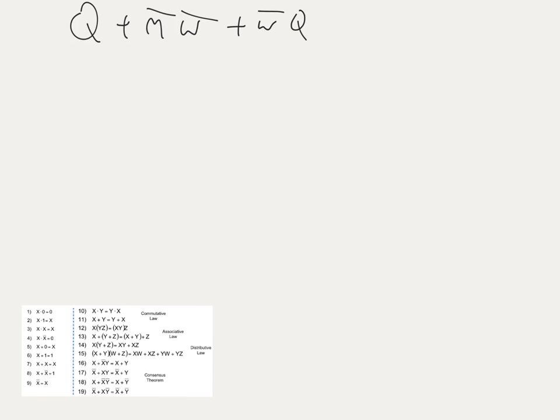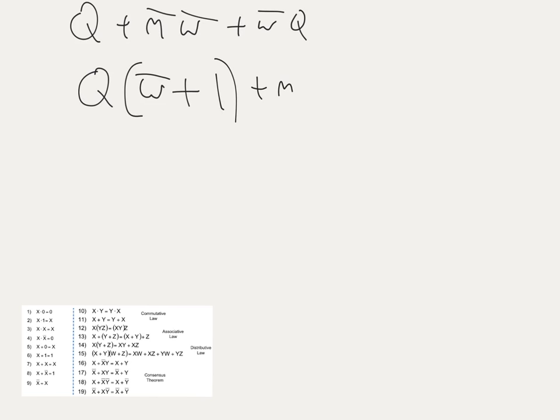That gives me Q times W naught. What happens if I take Q out of Q? Well, anything divided by itself is a 1, just like in standard algebra. So if I take Q out of both those terms, I'm left with W naught plus 1.